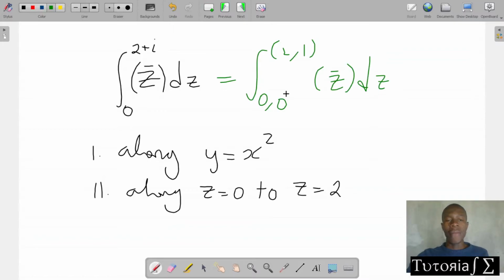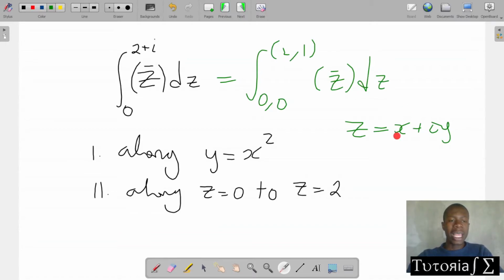So be aware. Our goal in complex integration or line integrals is that we just need to have one variable. Remember, z has 2 variables, x and y. It is 2-dimensional. So we need to make sure that in the given integral, we only have one variable.